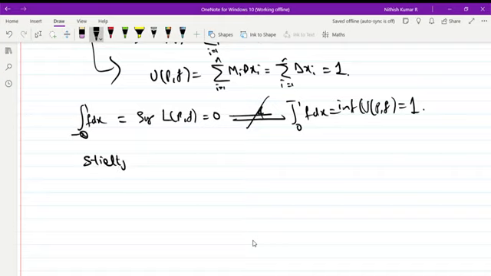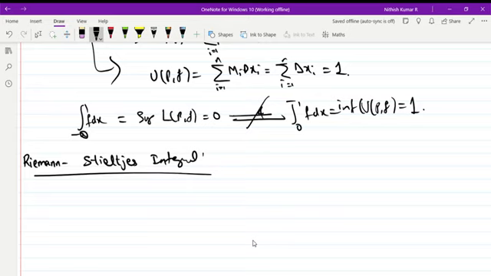It is something Stieltjes. So it's the Riemann Stieltjes integral. The Riemann integral is a special case of the Riemann Stieltjes integral. Now what is it? Let's see.